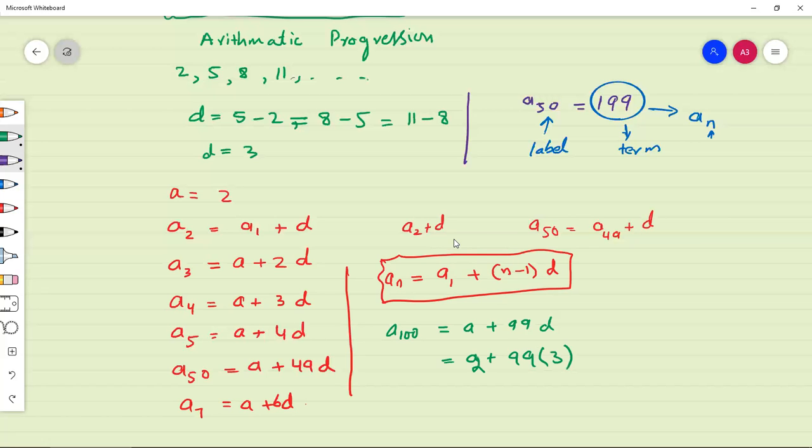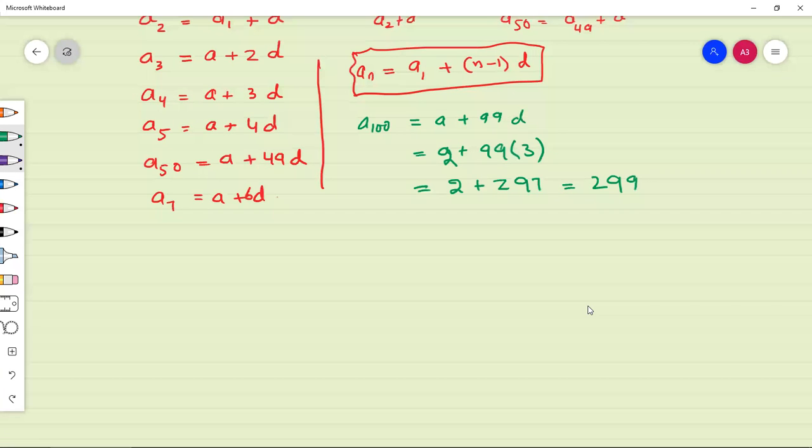A was 2. So 2 plus 99 into 3, 297, and that is 299. This would be your final answer. So in this way, you can find or calculate any term in the sequence.